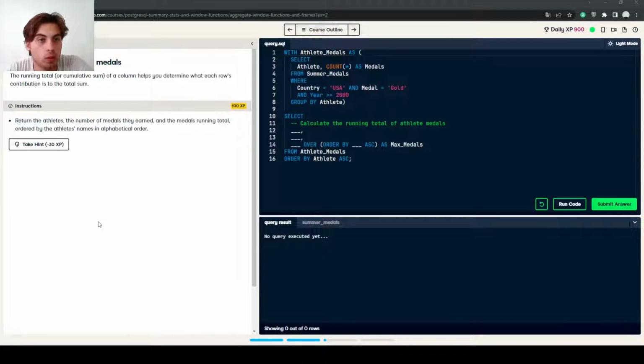The running total of cumulative sum. Вот ты вот знаешь, вот что сейчас надо делать? Хорошо. Вот ты знаешь эту тему? Window function. Шаришь? Что здесь надо сейчас сделать?